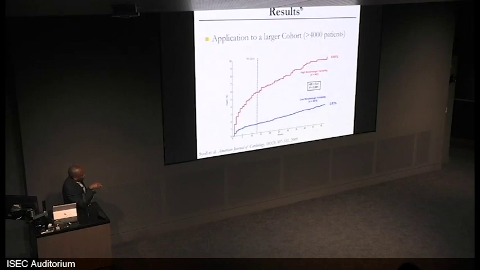And the hazard ratio is greater than 3 at about 90 days or so. I'm not quite sure what the time is here, about 12 weeks or so after the index event. So there's significant importance here, at least prognostically for these patients.